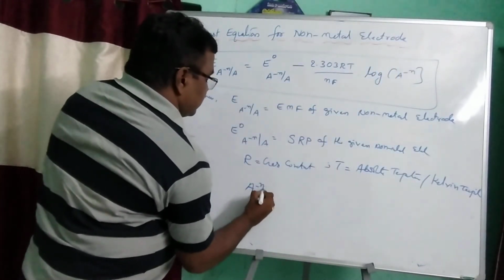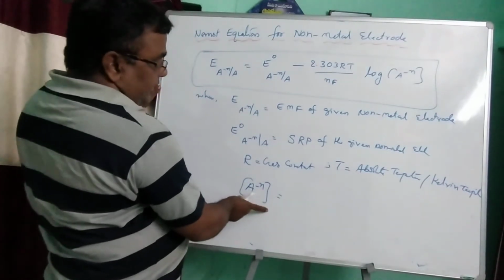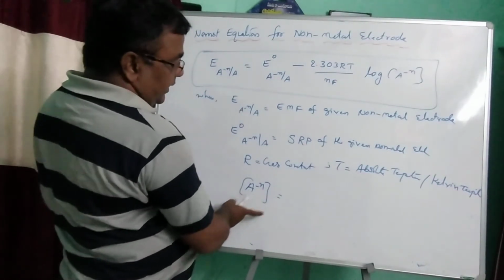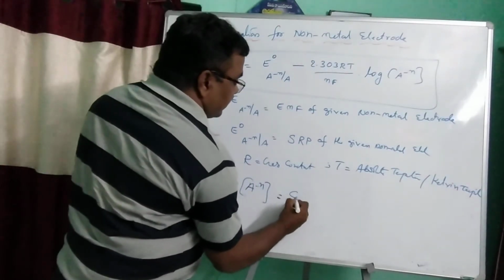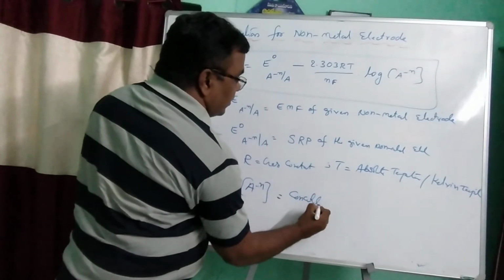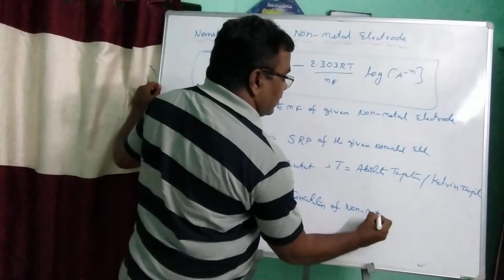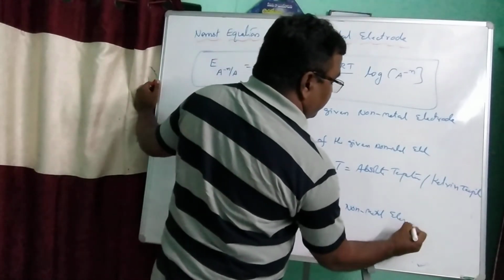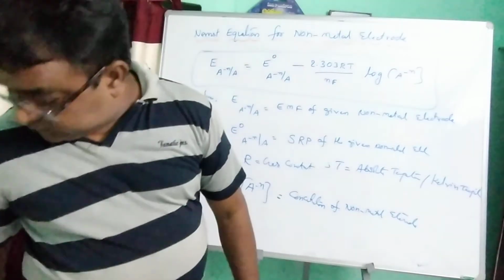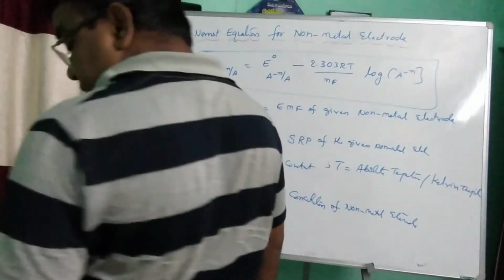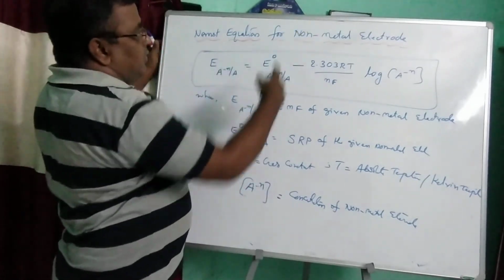The square bracket means concentration, so A minus n in square brackets is the concentration of the non-metal electrode. So this is the Nernst equation for a non-metal electrode.